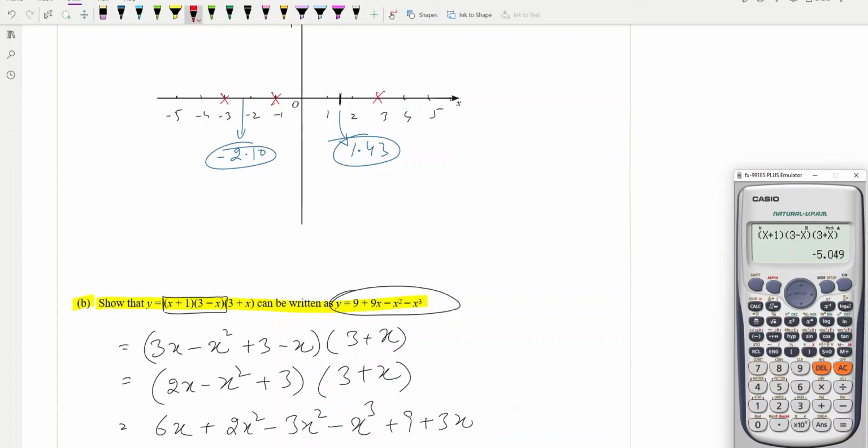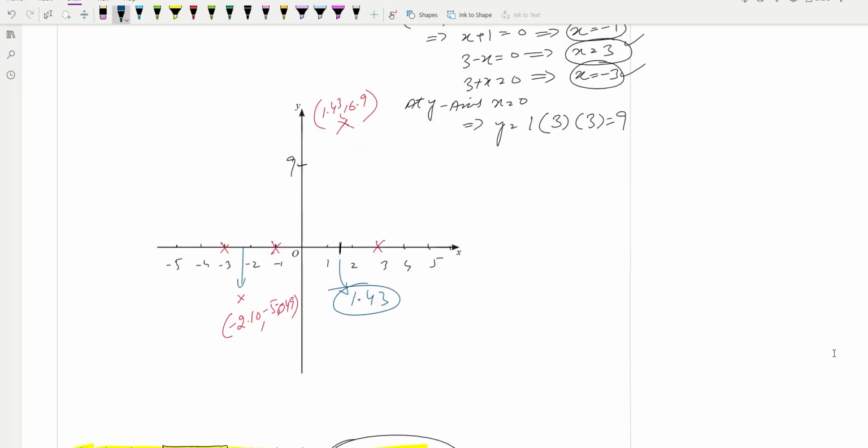So these are basically the values, and we got the maximum and minimum points, and now we can sketch the graph. The graph will be like this one, passing through this and passing through this as well. Basically we'll have to sketch again.